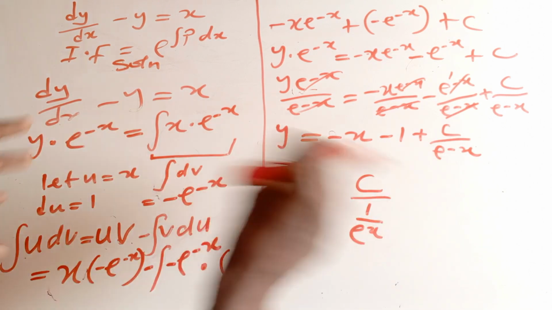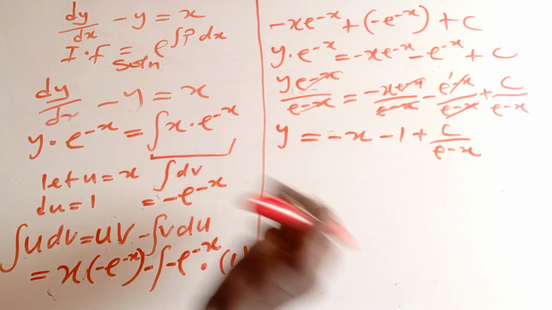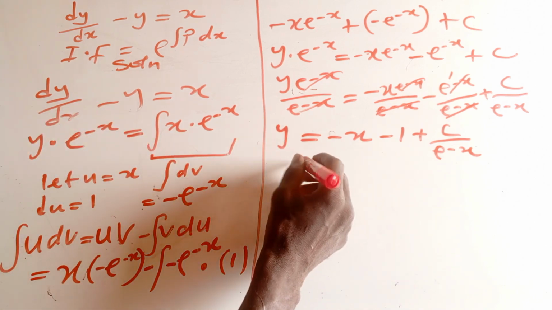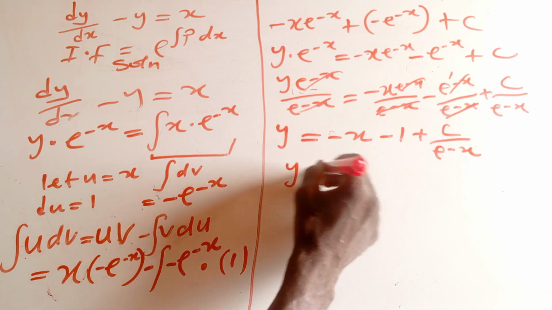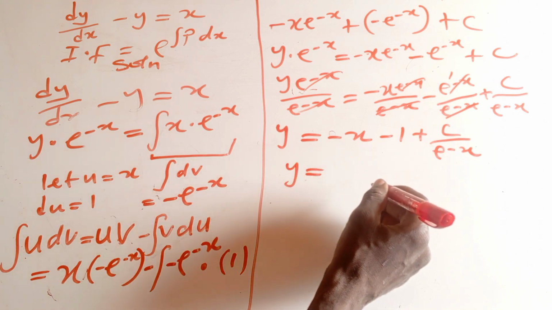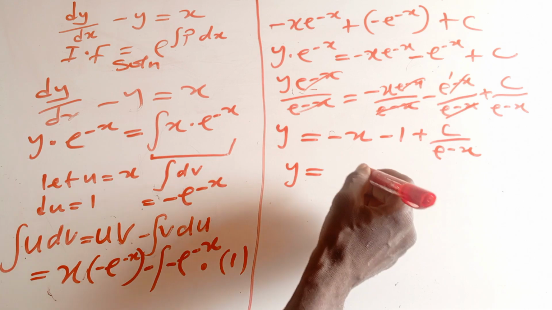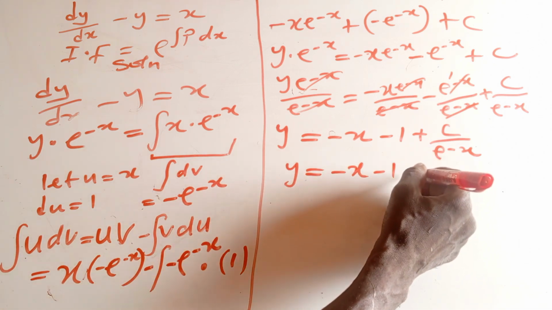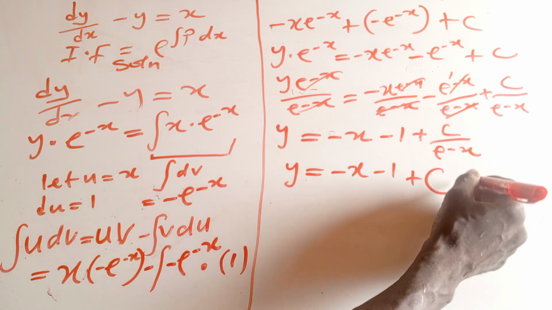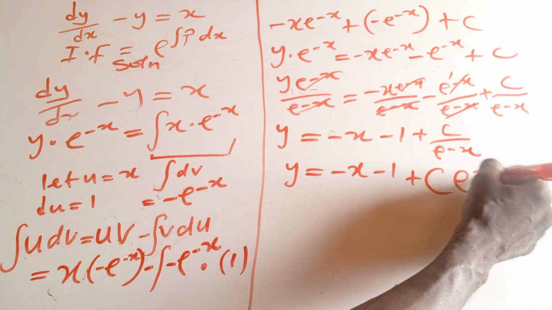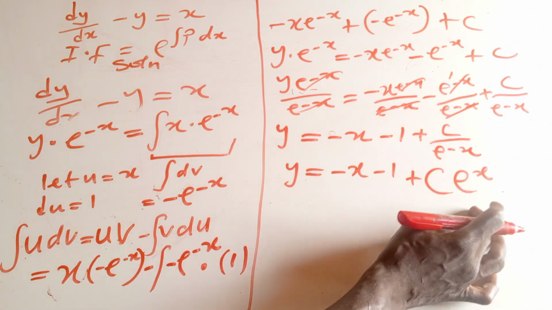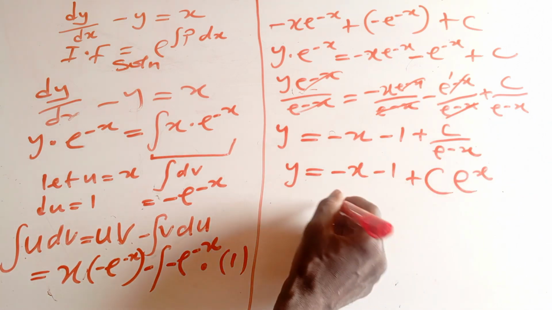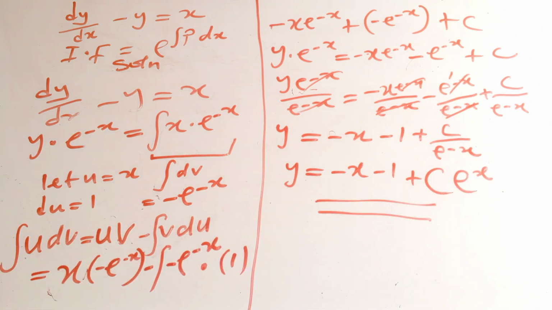Then we have y is equals to minus x minus 1 plus c multiplied by exponential x. We can easily change this one into this one. That is our final answer.